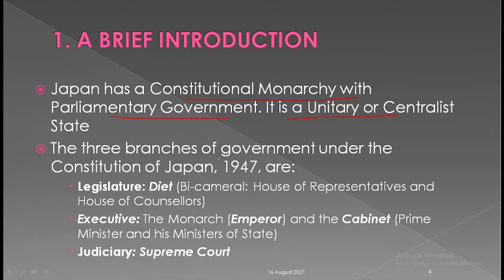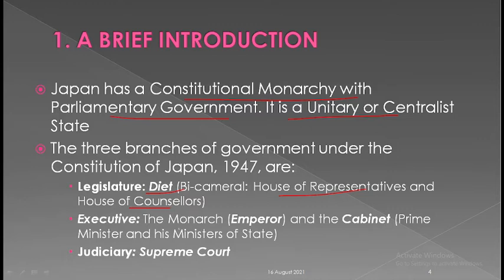The three branches of government under the Constitution of Japan or the Showa Constitution of 1947 are the legislature, the executive, and the judiciary, as usual. The legislature is represented by the Diet. The Diet is the Parliament of Japan. It is bicameral, consisting of the House of Representatives and the House of Councillors.